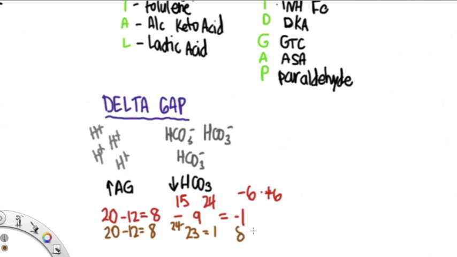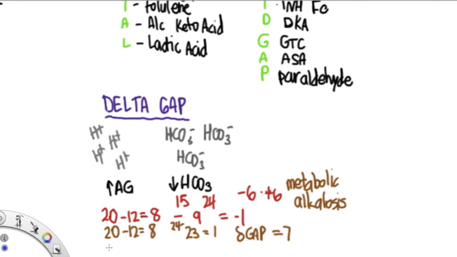So the delta gap is going to be 7. That means the bicarb didn't drop as much as we would have thought it would, so there must be some other alkalosis process going on. So anything greater than +6, there's some sort of metabolic alkalosis going on additionally.